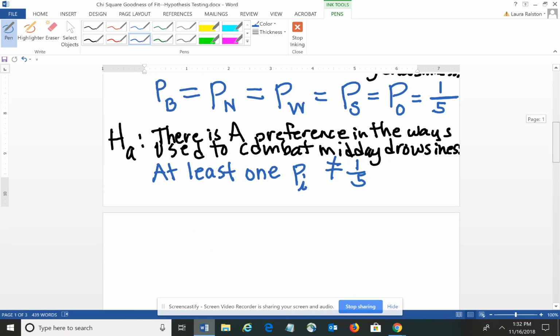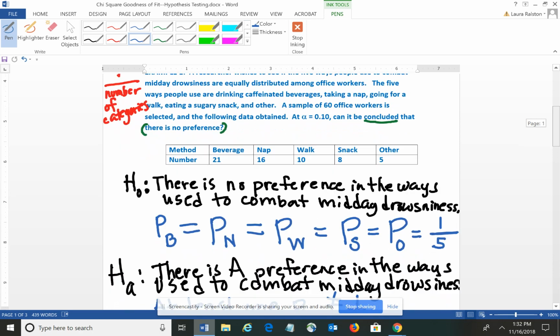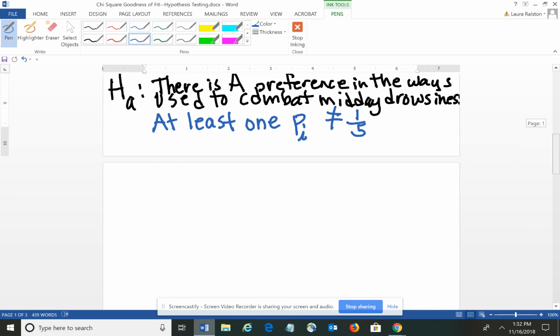Okay, and they've given us the results. They surveyed 60 employees, so we know that our sample size is 60, and they tell us to use alpha is 0.10. So the next thing that we want to do is we need to figure the expected value for each category.